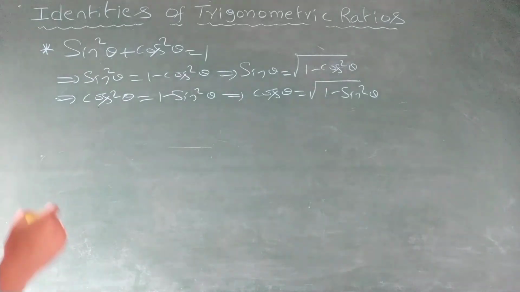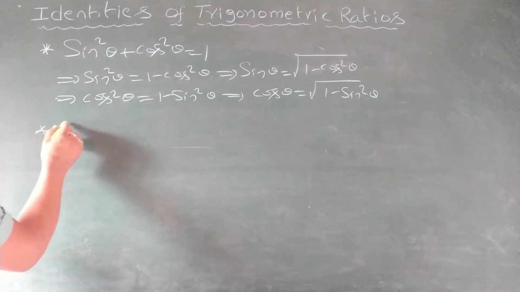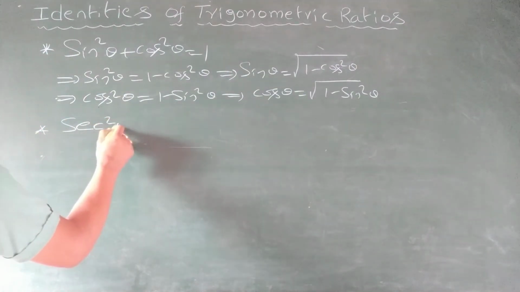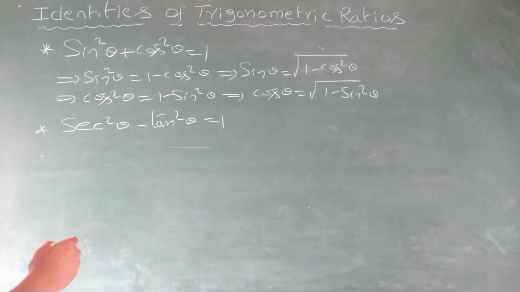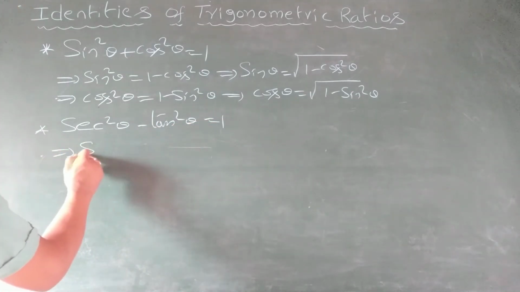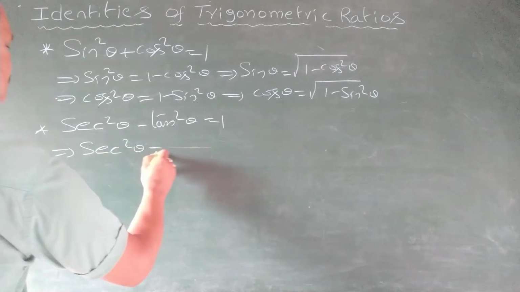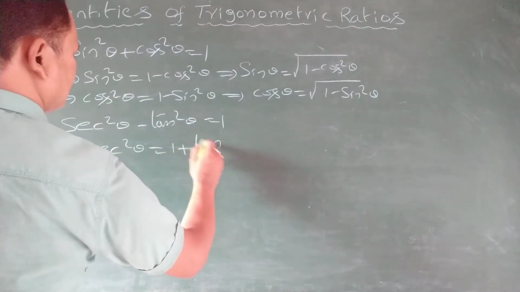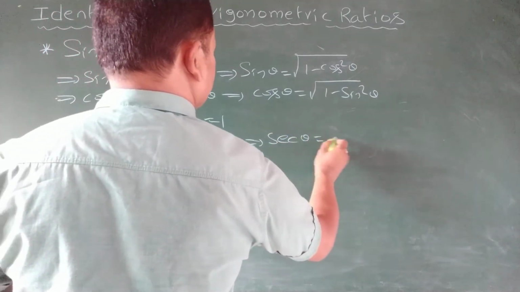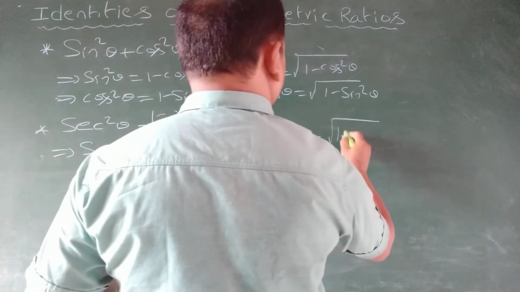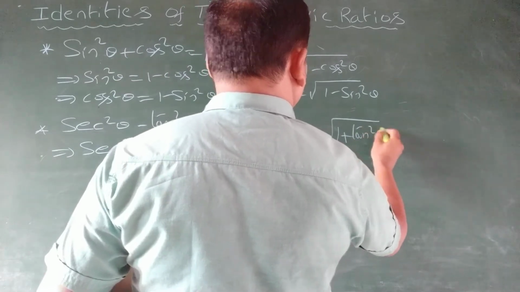Now the second identity, secant square theta minus tan square theta is equal to 1. From this, secant square theta is equal to 1 plus tan square theta, so secant theta is equal to root of 1 plus tan square theta.